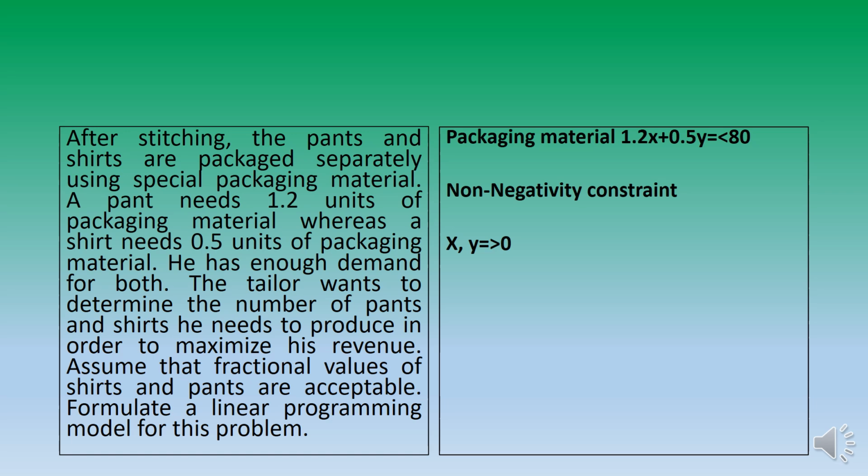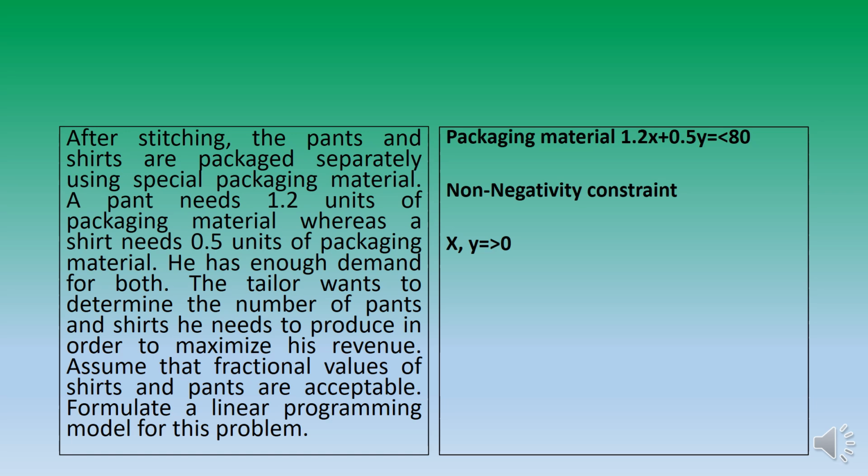So 1.2 units of material he would require for the pants, and for a shirt he would require 0.5 units of packaging material. So this is another constraint, packaging material. So cloth, labor, and packaging material.